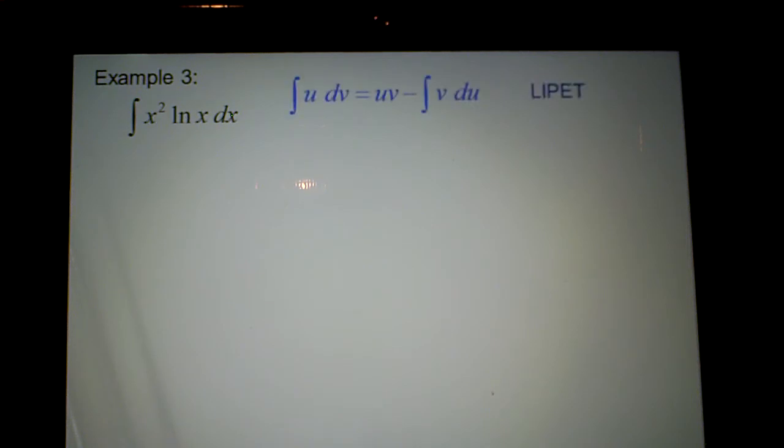I've run through LIPET, and the first thing I see is that I do have a logarithmic factor, so that's going to be my u, and everybody else is going to be dv.